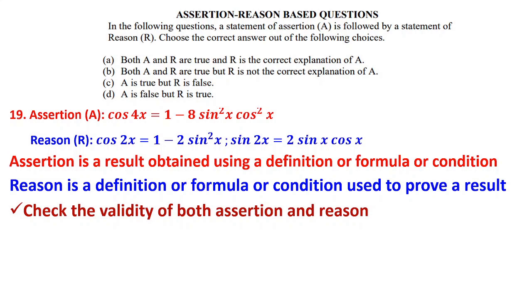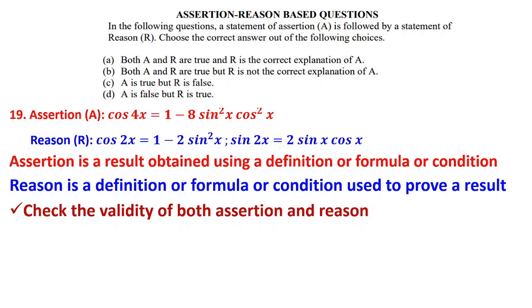Reason true means you check whether the given condition is given perfectly. For example, in this case you are seeing that the cos 2x formula is correct and the sin 2x formula is correct. Suppose it is given wrong, then you have to tell that it is wrong. For example, instead of giving the correct statement for perpendicularity, they have given the statement for parallel nature. Like that you have to check the validity of both assertion and reason.